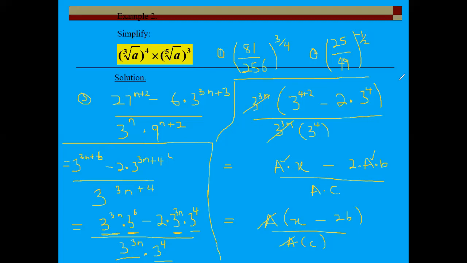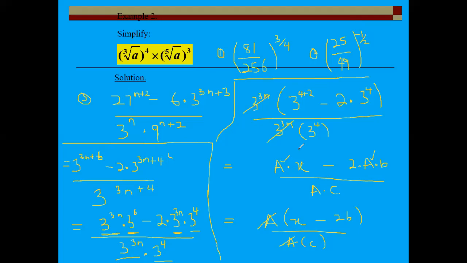My problem is how you managed to cancel the 3 raised to the power 3n over 3 raised to the power 3n, because that is where I had a confusion. Yes, and I demonstrated with an example.